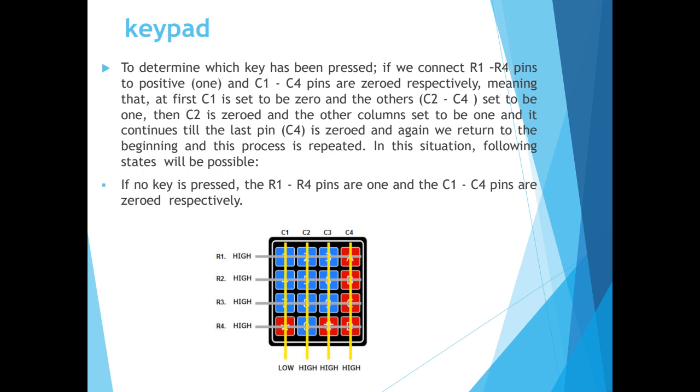But how can we determine which switch is pressed? To determine which switch or key has been pressed, we call row 1, row 2, row 3, row 4 R1, R2, R3, R4, and column 1, 2, 3, 4 C1, C2, C3, and C4.